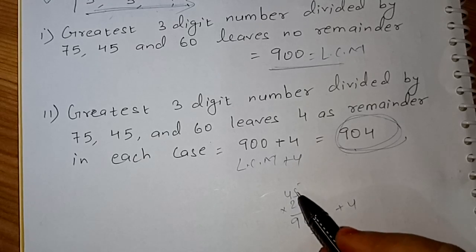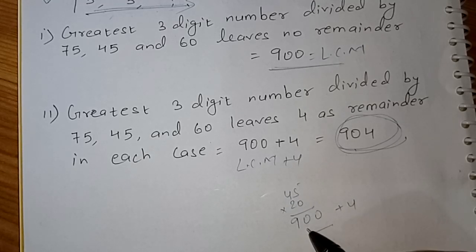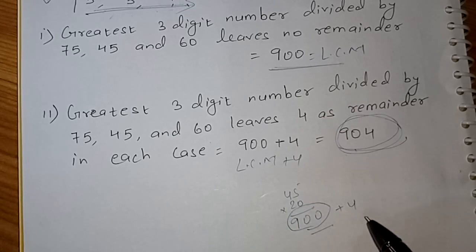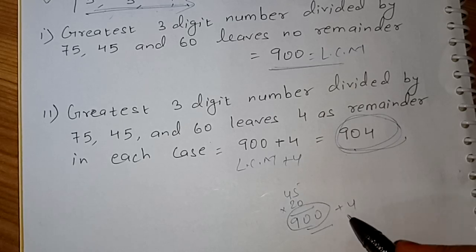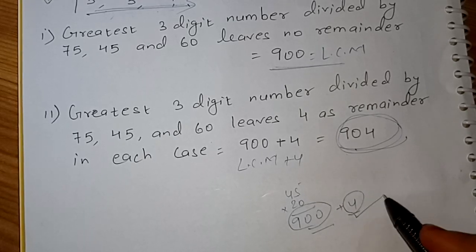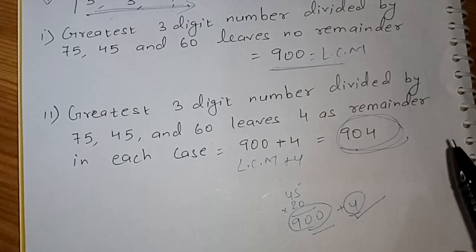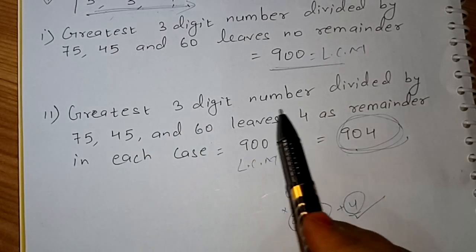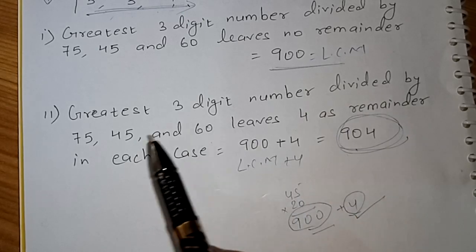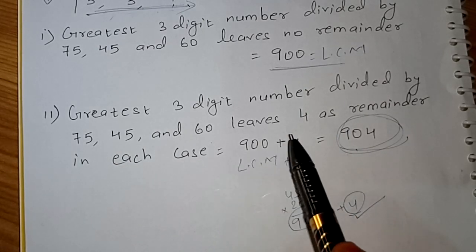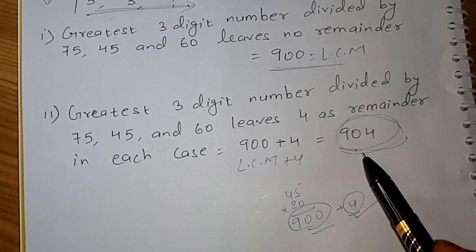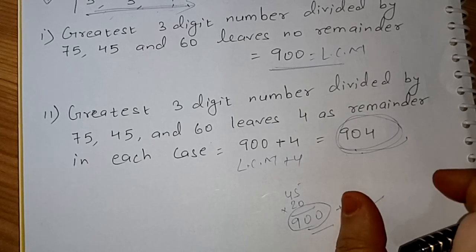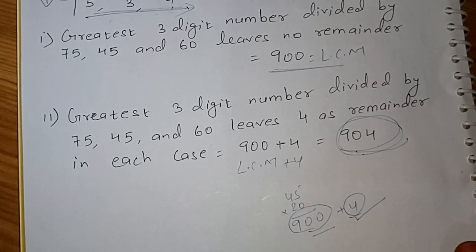So 45 divides 900 exactly, but if 904 is divided by 45, it will give remainder 4. It means the greatest 3-digit number which when divided by 75, 45 and 60 leaves 4 as remainder is 904. Clear, children?